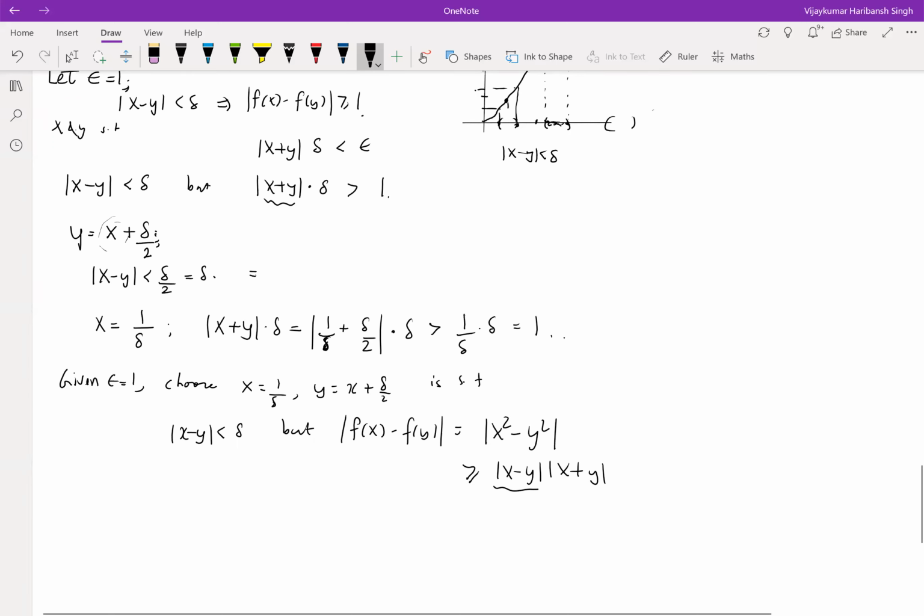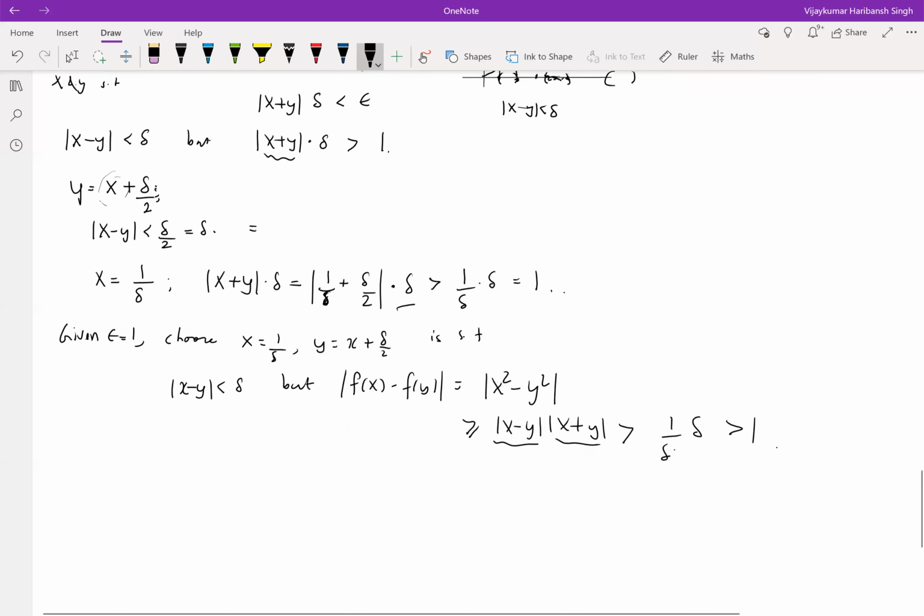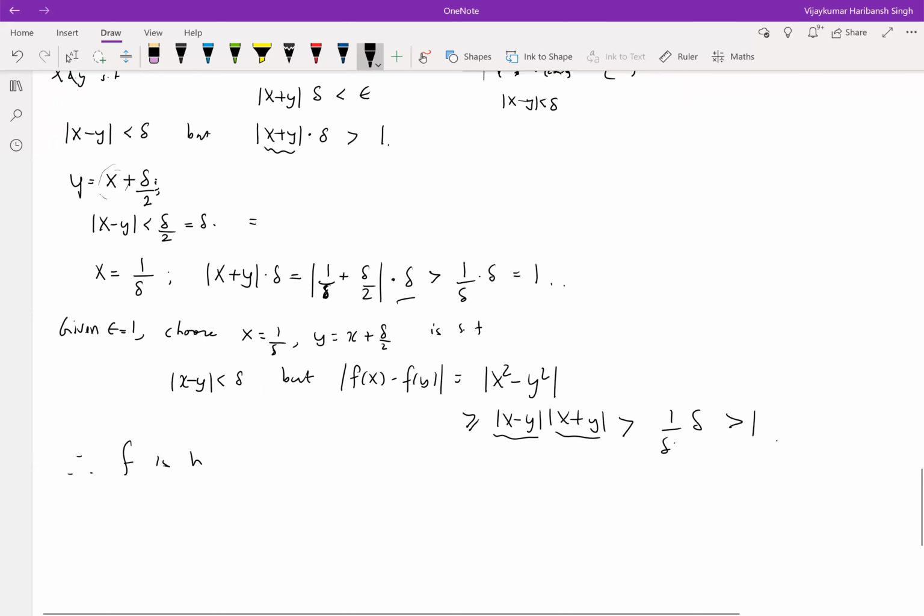Here x plus y is bigger than 1 by delta times delta, which is bigger than 1. Therefore f is not uniformly continuous on R. Okay, does that make sense? Yeah. Right.